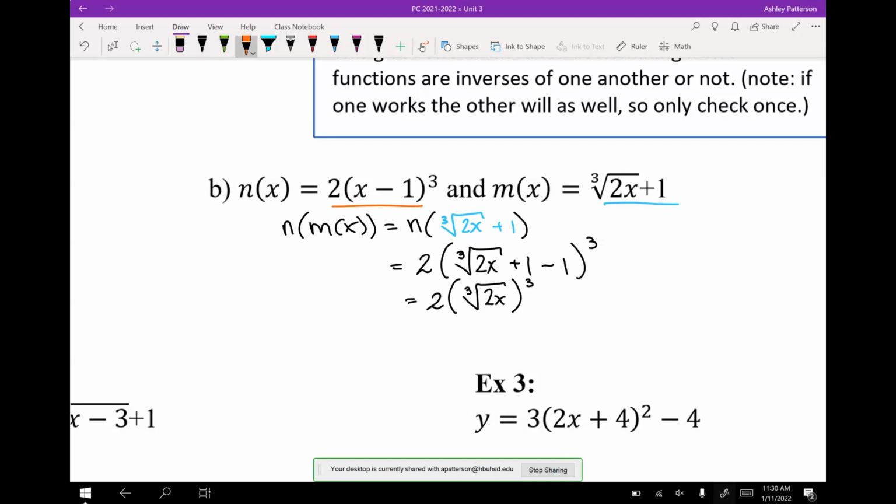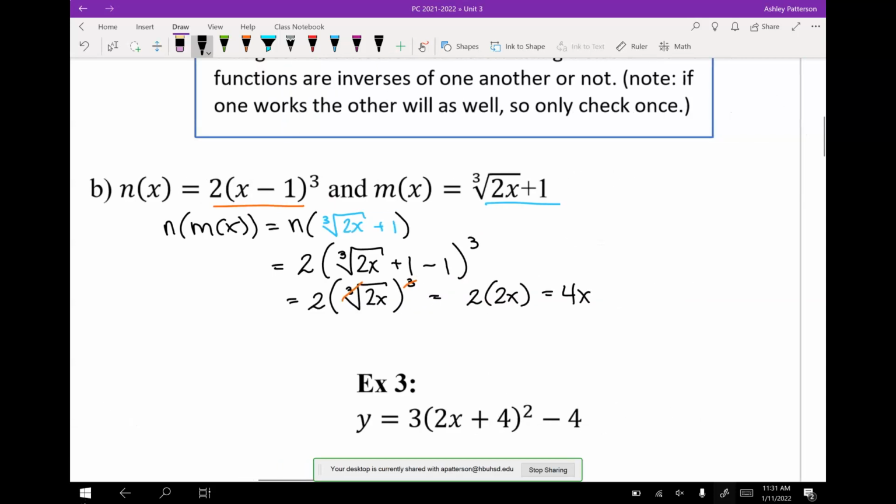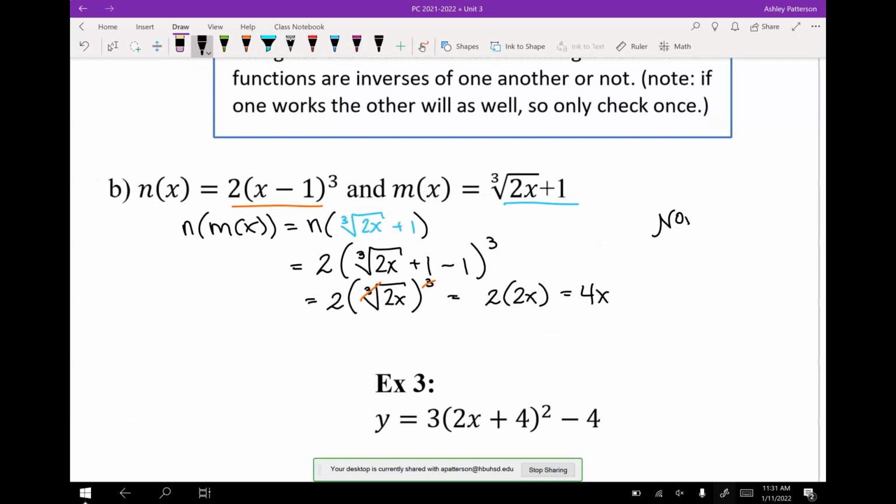So the cube root and the cube are going to cancel, and we're left with 2 times 2x, which is 4x. So are they inverses? But there's an x. But there's a 4. And even though that is my lucky number, little fun tidbit, it has to be just x by itself. So we're going to put that they are not inverses.